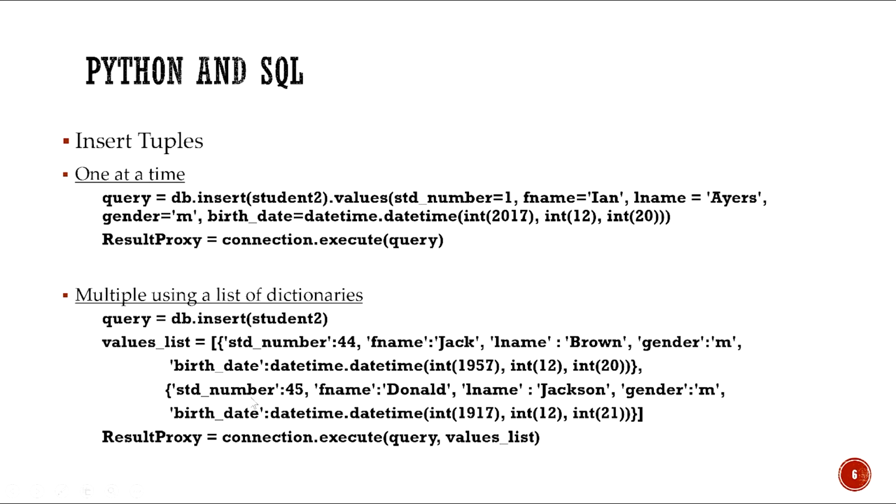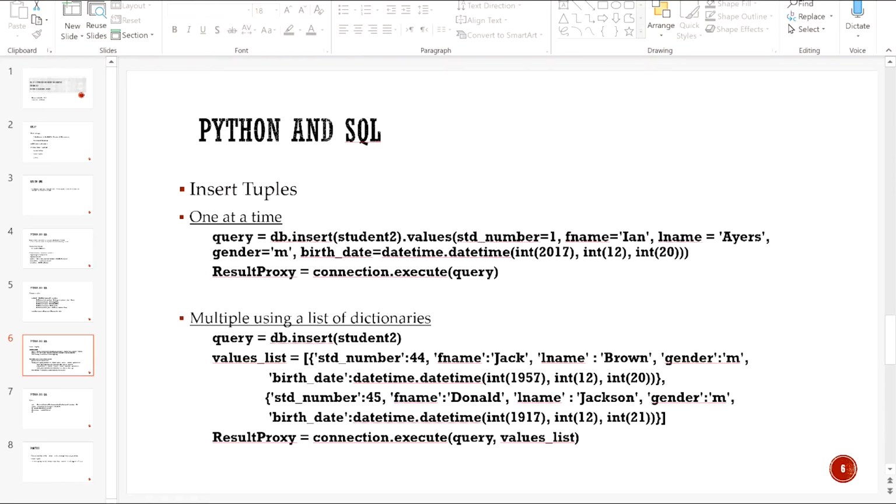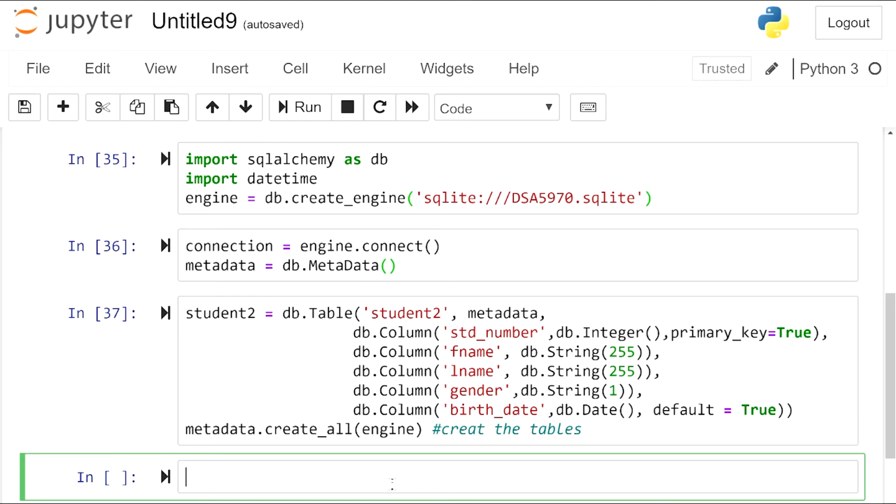Now let's try to implement this. First, we implement one tuple at a time. So query equal to db.insert. The table is student 2 that we just defined, and then dot values, we assign values.